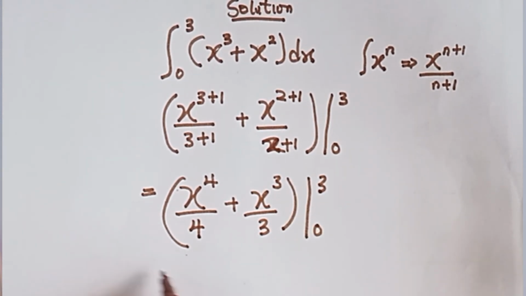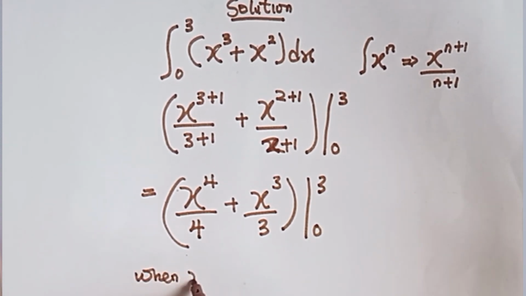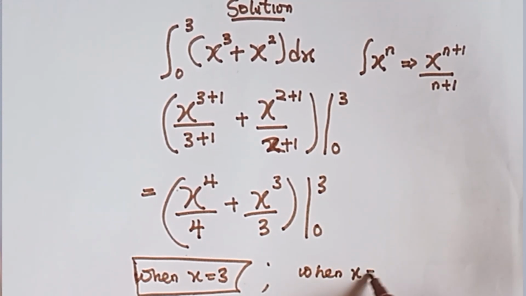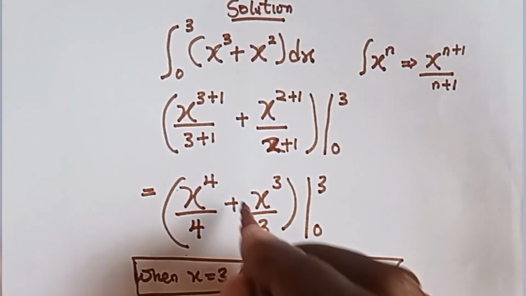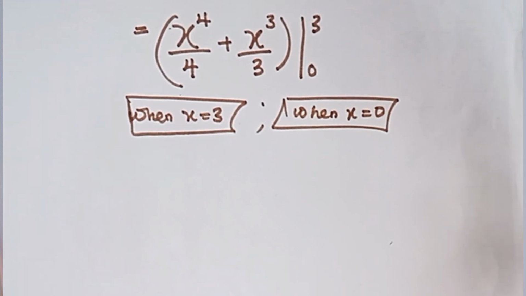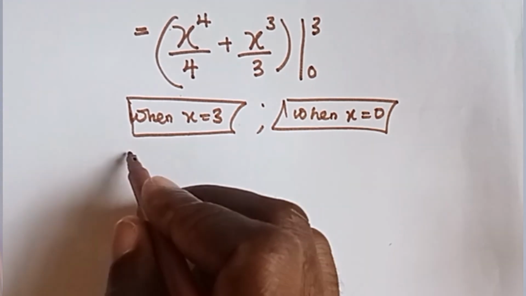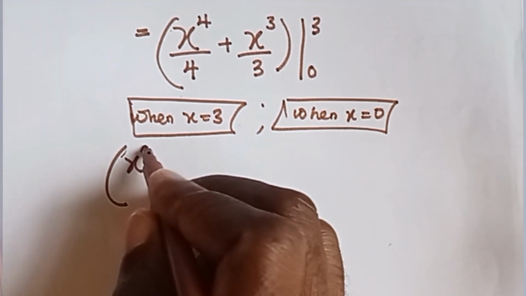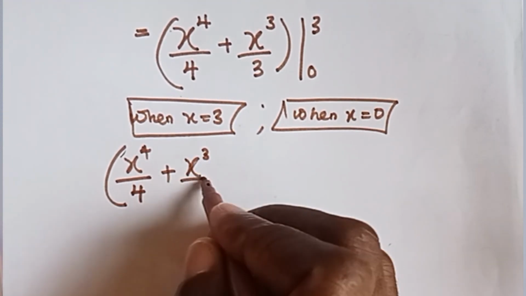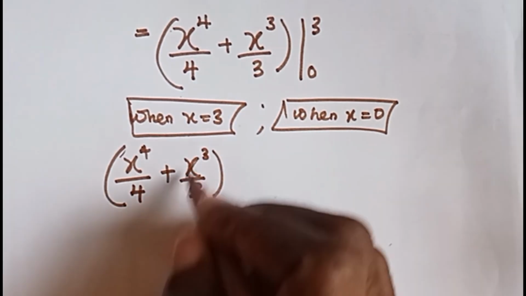Now what this means is that when x equals 3, let's see what this expression will give us, and when x equals 0, let's see what this expression gives us as well. So we write x⁴ over 4 plus x³ over 3 for when x equals 3.